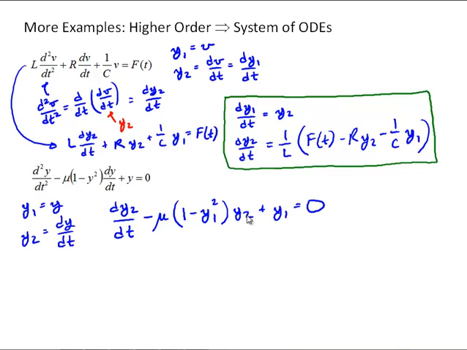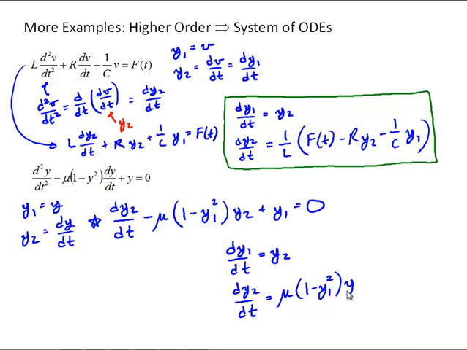So leaving that, we want to replace that dy1/dt just with y2, and then we can write this as our system of ODEs as dy1/dt is equal to y2, and dy2/dt is equal to, just solving our differential equation here for dy2/dt, it's going to be mu times 1 minus y1 squared times y2 minus y1.